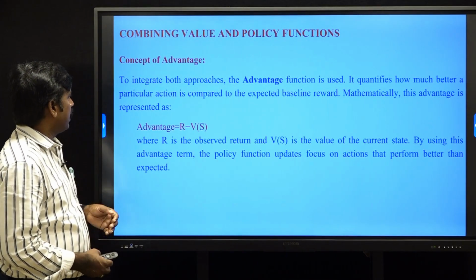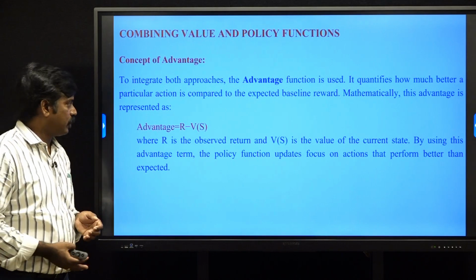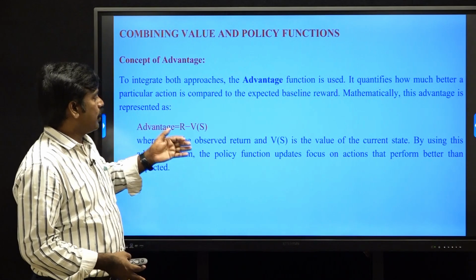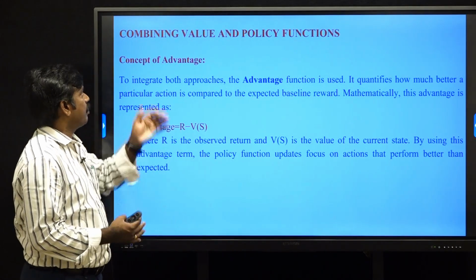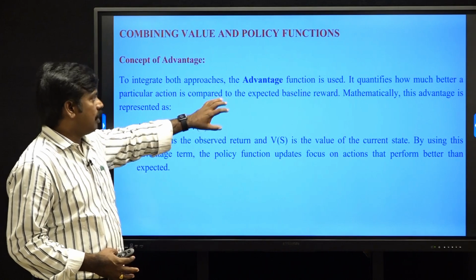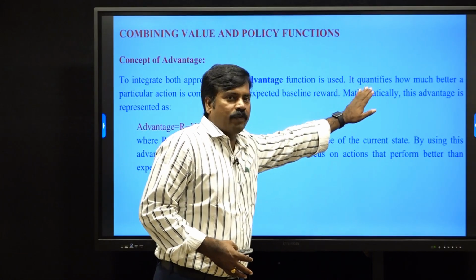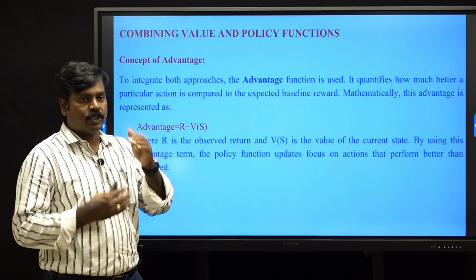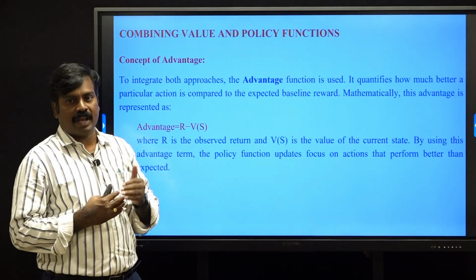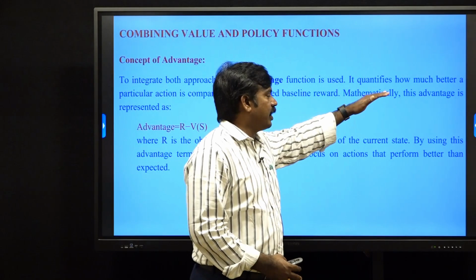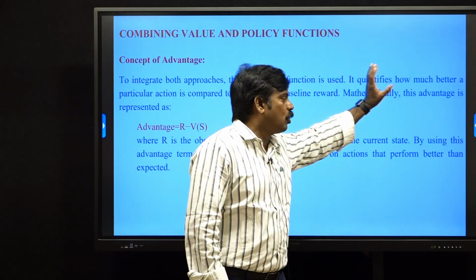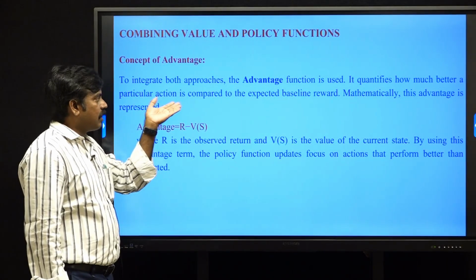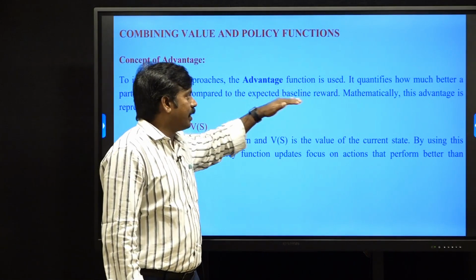Here we are using the advantage function in the actor-critic method, which combines the value and policy functions. The advantage function quantifies how much better a particular action selected by the policy function is compared to the expected baseline reward.